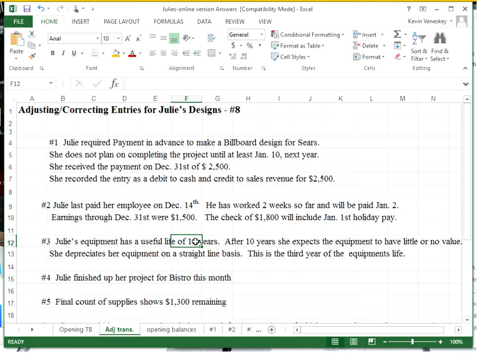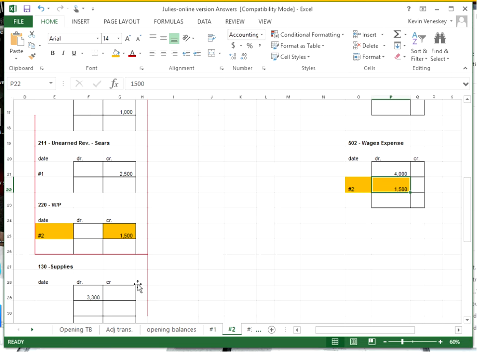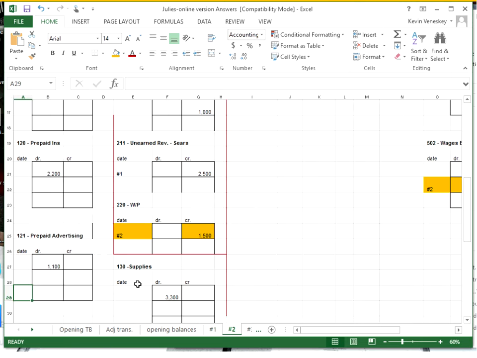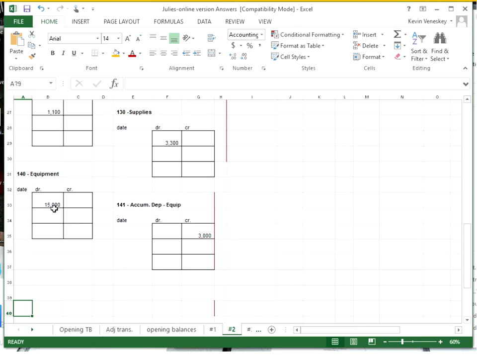Now, the only thing we can think about here, though, is, well, how much did I use my equipment? I don't have a number to work with. Well, that's where I want to look at those opening balances. I'm going to go back to the one we just did, and I need to go down to my equipment. My equipment has a balance of $15,000.